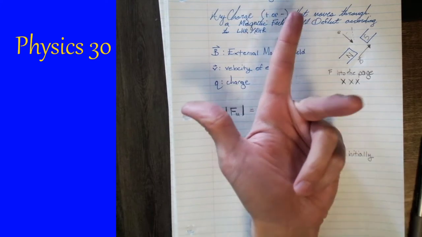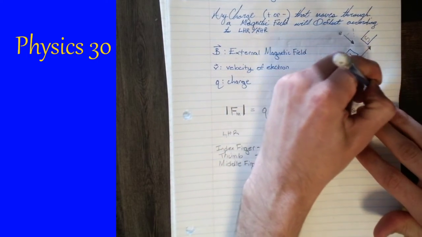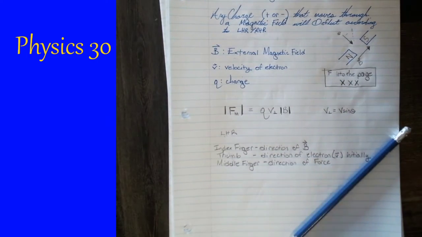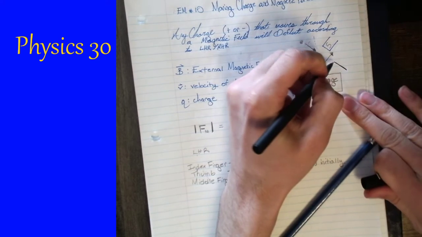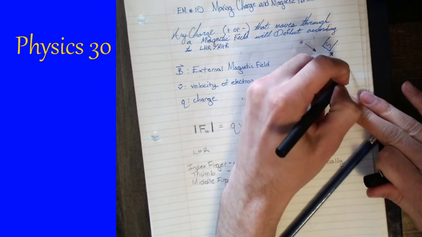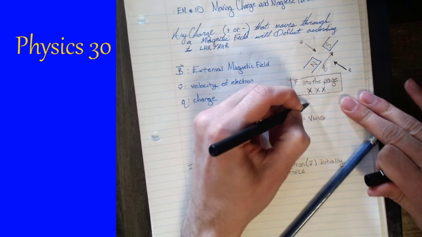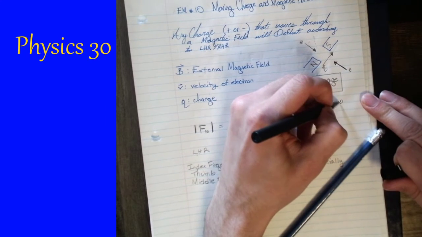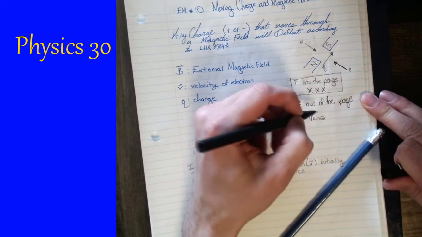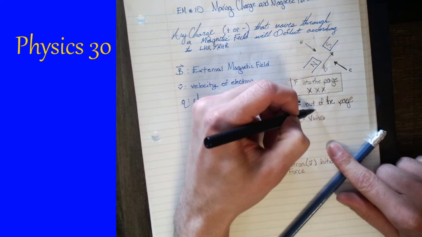Instead of into the page, it would come out of the page. And so this is our deflection here. And if we were an electron going this way, the force would be out of the page. And the symbol that we use for that is a dot.